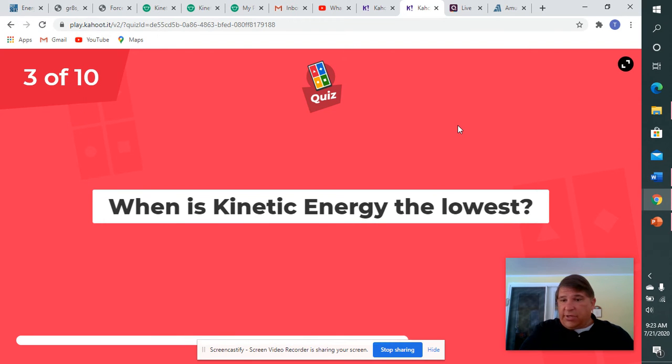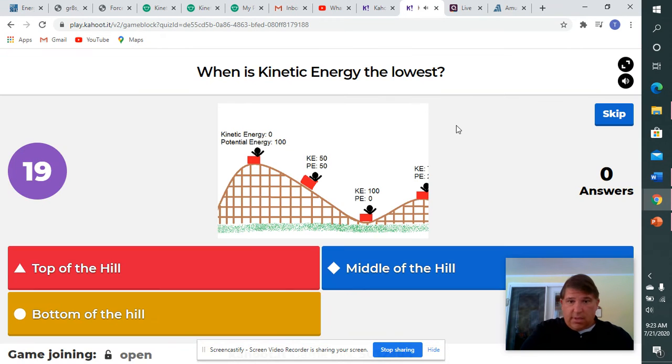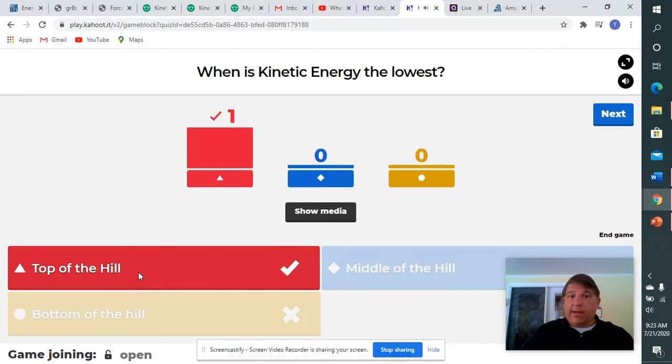When is kinetic energy the lowest? Top of the hill. When kinetic energy is the lowest, it's the same thing as potential energy being the highest.